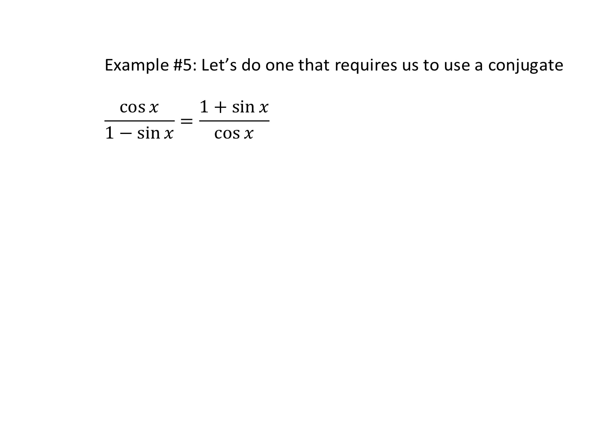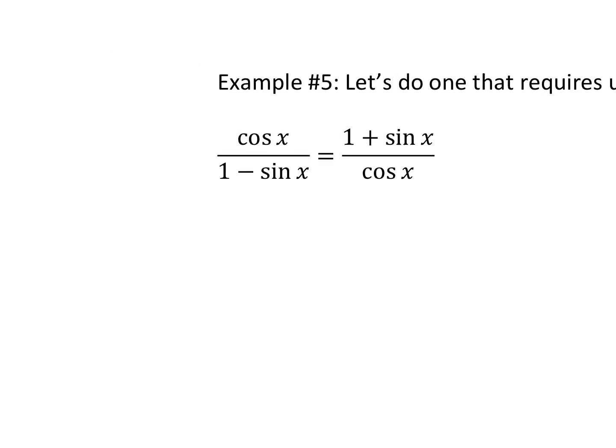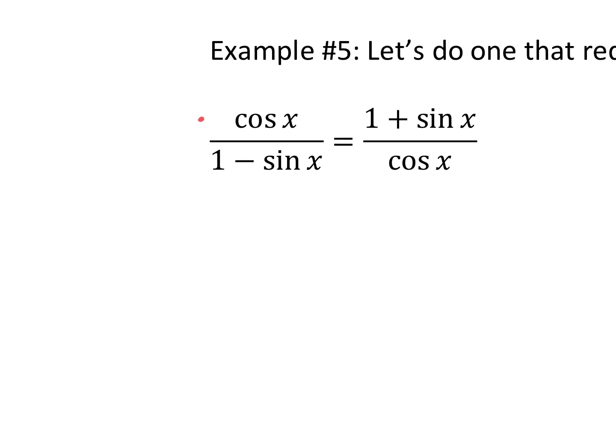Okay, last example here. We are doing one that's going to require us to use the conjugate. Okay? Which side would I be able to use the conjugate on? The left, which means we're going to manipulate the left-hand side to make it look like the right-hand side. Okay? So the conjugate of 1 minus sine x is 1 plus sine x.